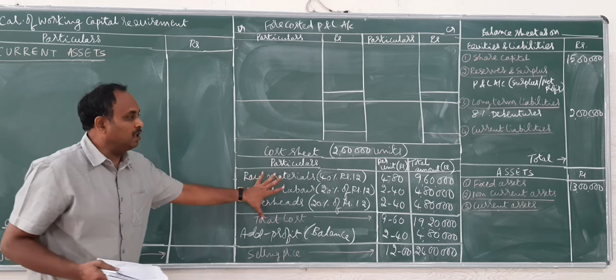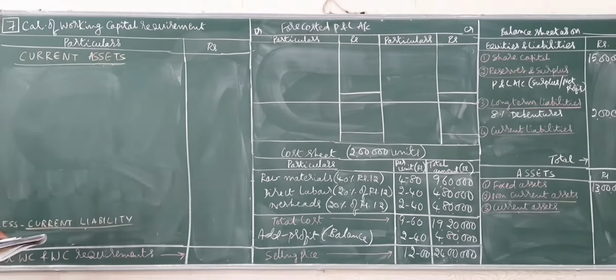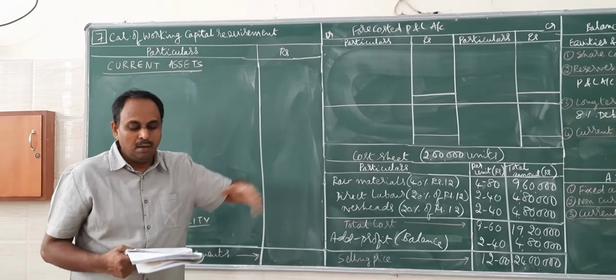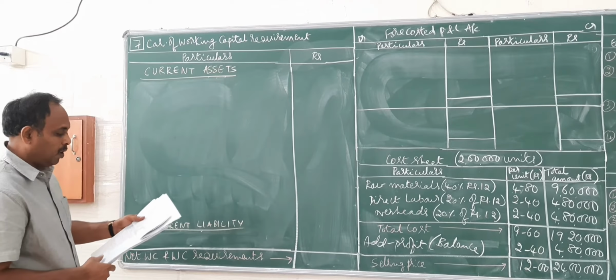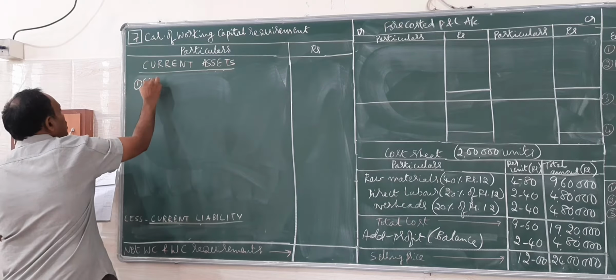So once you complete the cost sheet, then we have to go for calculation of working capital requirement. Then we have to fill the remaining P&L account and the balance sheet part of it. So let us go one by one. Therein, point number C, raw materials are expected to remain in stock.